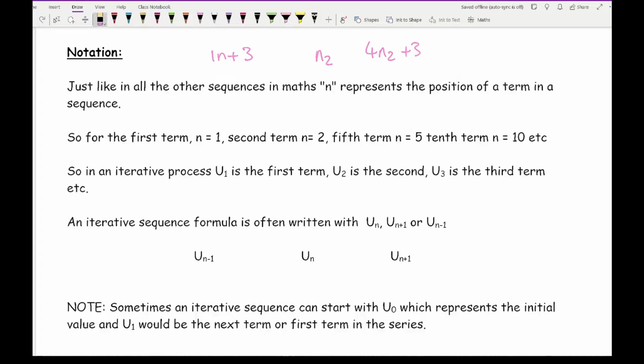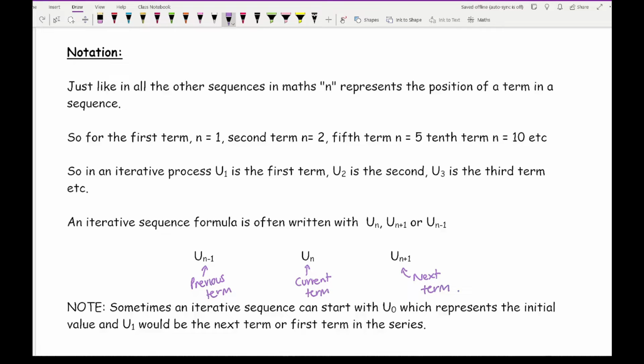So that's why we tend to use this notation instead. If un is the current term, then un minus 1 is the previous term, and un plus 1 is the next term.